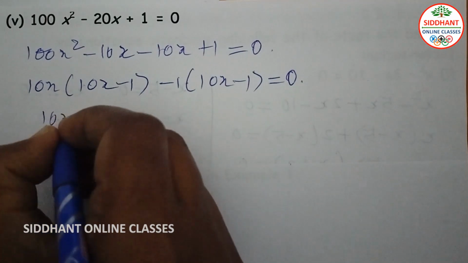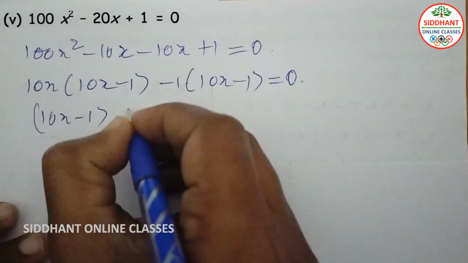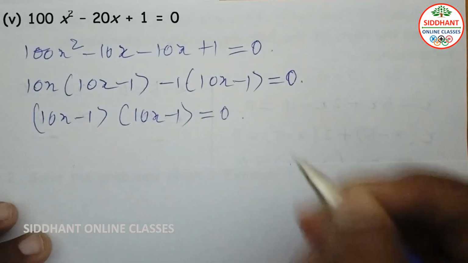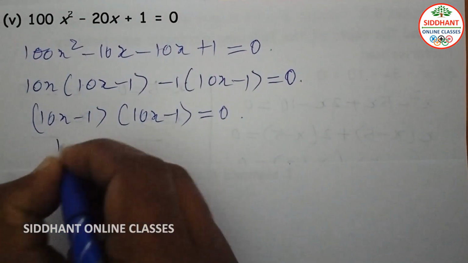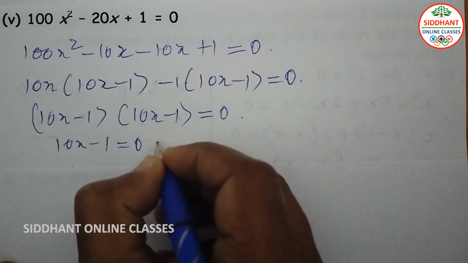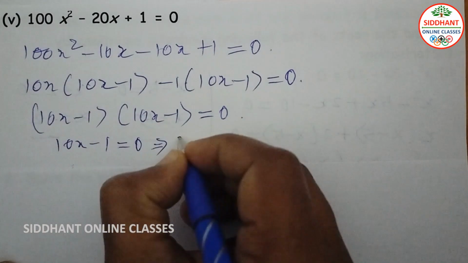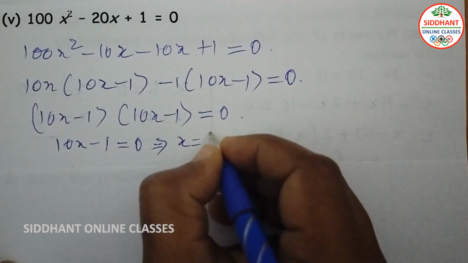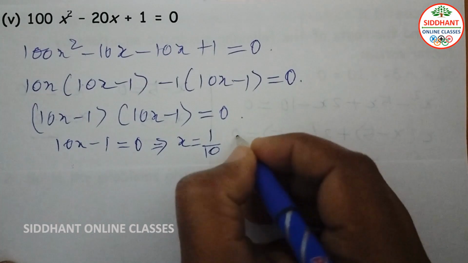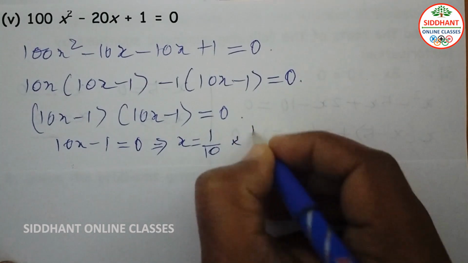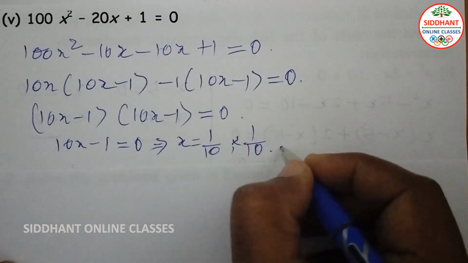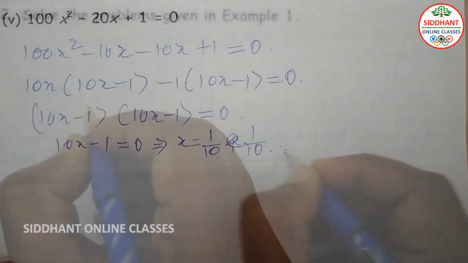So 10x minus 1 equal to 0. So that will be x equal to 1 by 10. Another is also the same, 1 by 10. So the roots are 1 by 10 and 1 by 10 here.